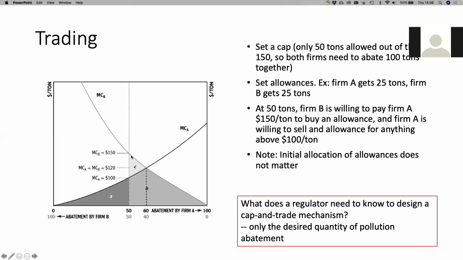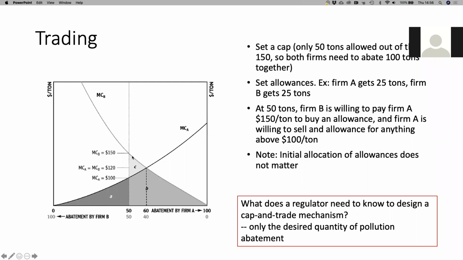Because for firm B, getting the right to emit at a cost lower than their abatement cost is a benefit, right? On the other hand, for firm A, getting a value that is higher than their cost of abatement is a benefit.